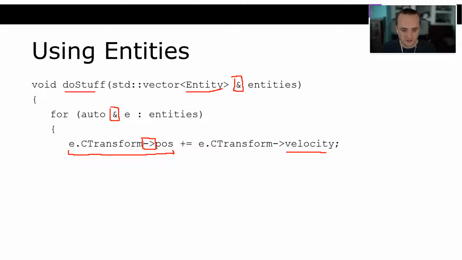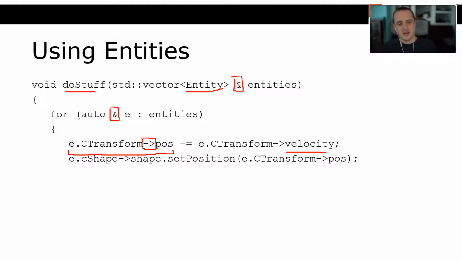I just say take the velocity, add it to the transform. If I want to update the position of the shape, for example the SFML shape, the shape that we draw needs to be somewhere on the screen. So what I need to do is update the position of the SFML shape that I want to draw. The really simple way to do that is I just say e.cshape, access the shape variable, and set the position of that variable based on the position of the transform component.